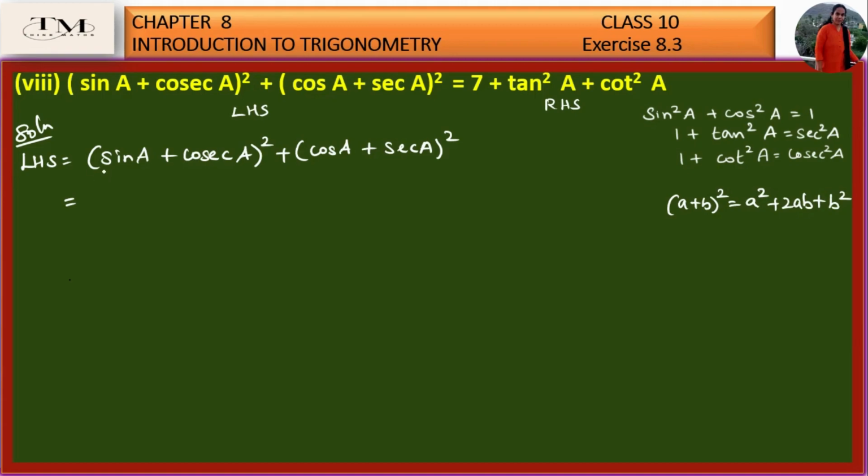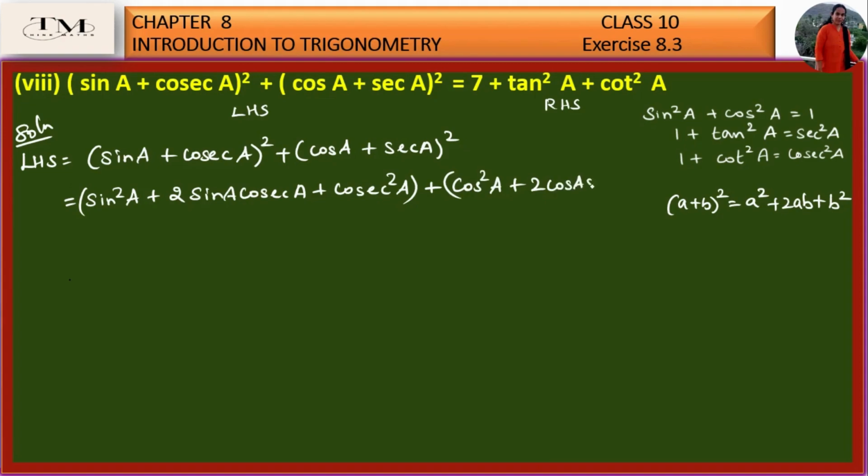So it is sin square A plus 2 sin A cosecant A plus cosecant square A. In the same way, expanding cos A plus secant A whole square, it is cos square A plus 2 cos A secant A plus secant square A.